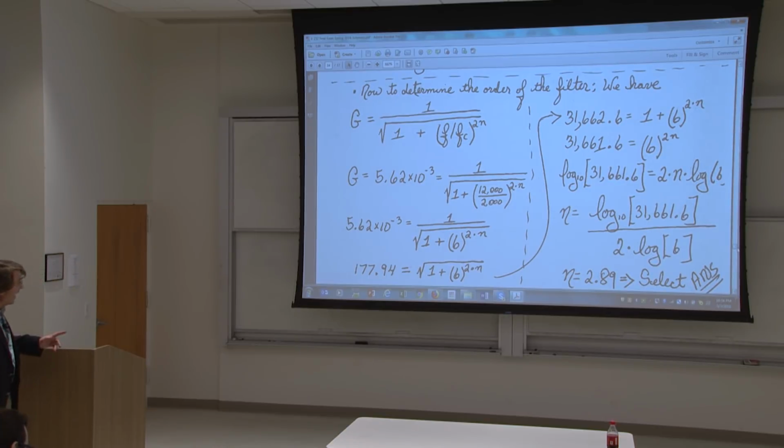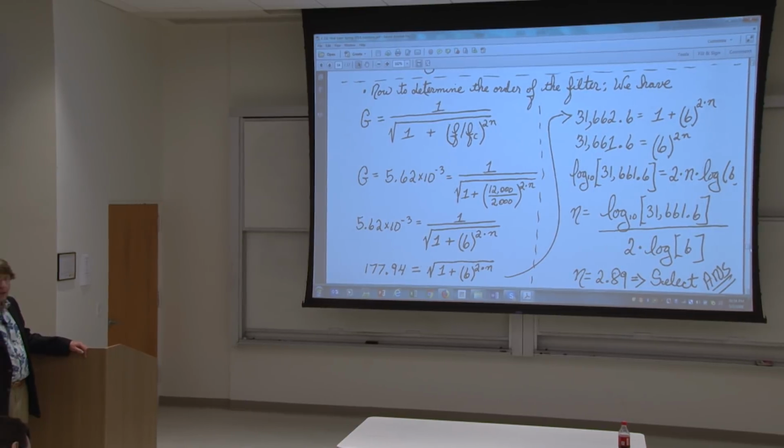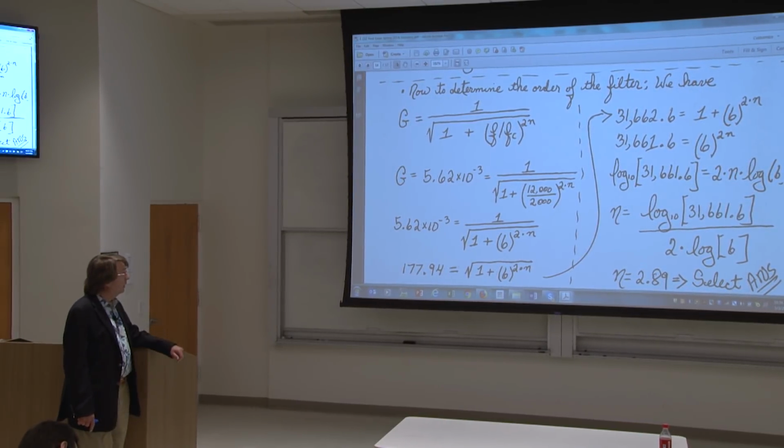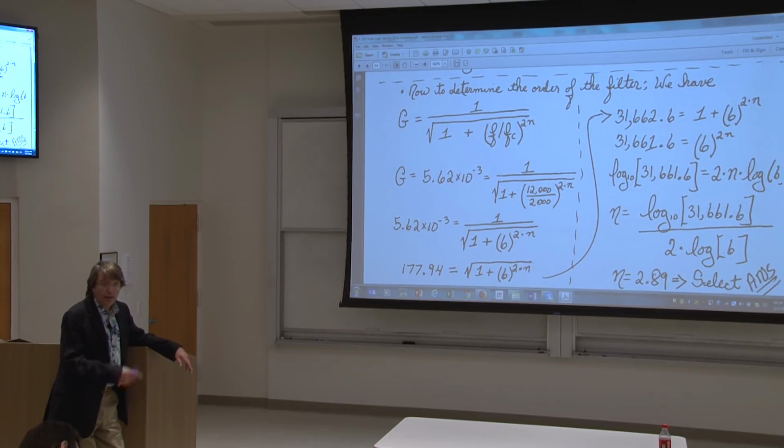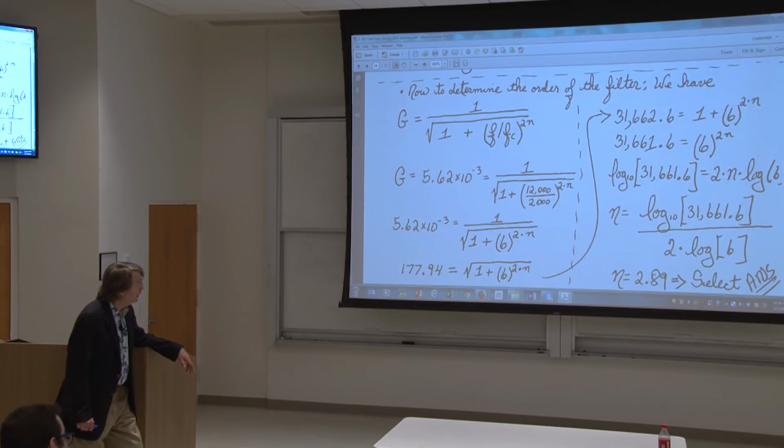So we want the gain to be 5.62 times 10 to the minus 3 at the noise frequency. And the noise frequency is 12,000. The cutoff frequency is 2,000. I'll leave the math to you. I have it here step by step. I'm sure you'll have no trouble doing it.